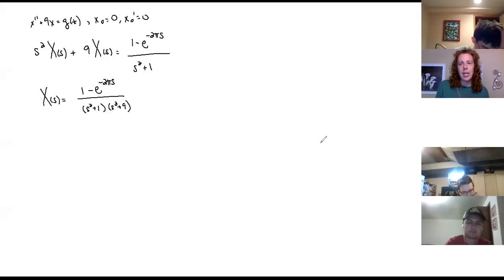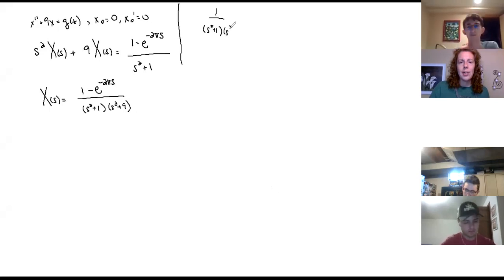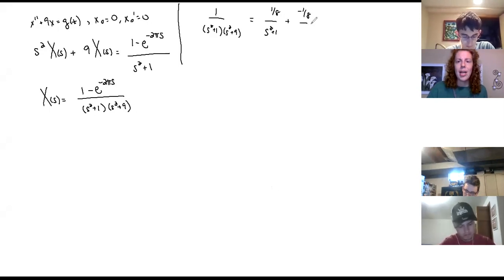Let me give you partial fractions, and then I'm going to put you into breakout rooms to finish this problem. Here's your hint. It ends up that 1 over s squared plus 1 times s squared plus 9 is equal to 1/8 over s squared plus 1 plus negative 1/8 over s squared plus 9.